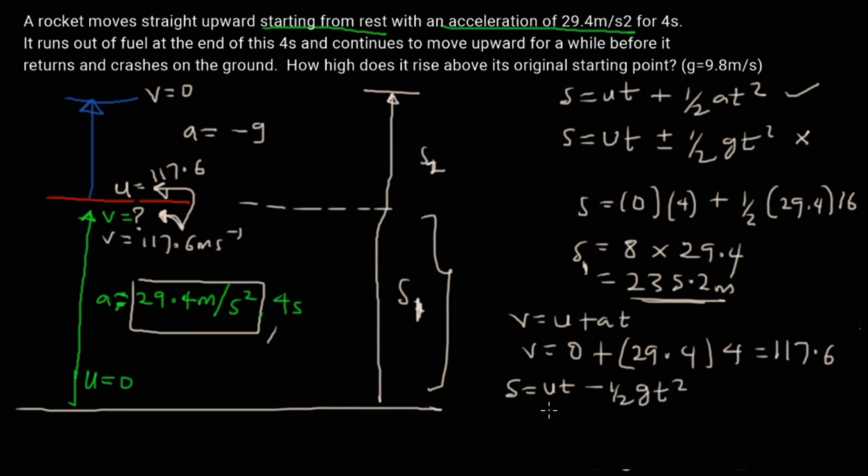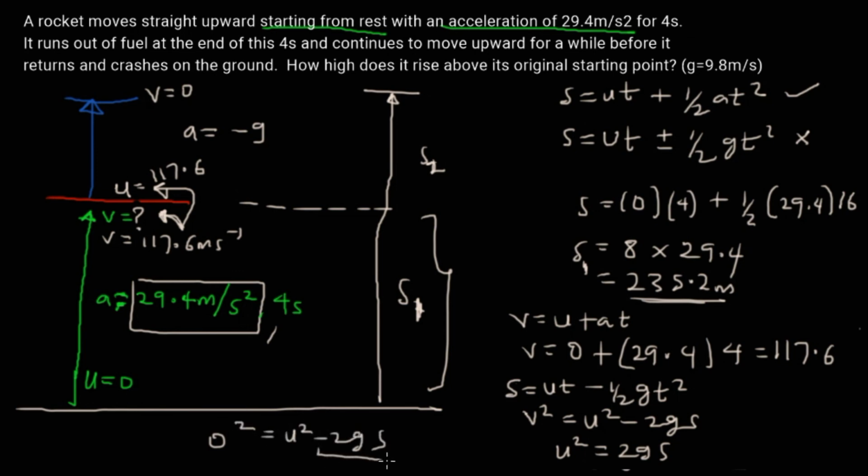Or we can make use of v squared equals u squared minus 2gs, and I think that will be better. v squared in this case is 0, so we have 0 equals u squared minus 2gs.